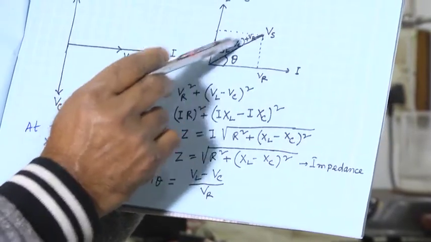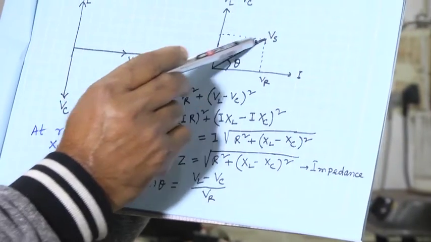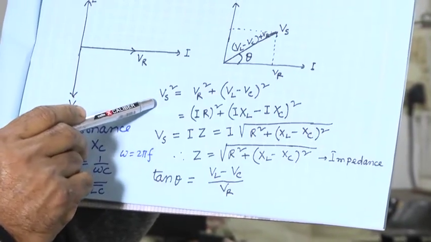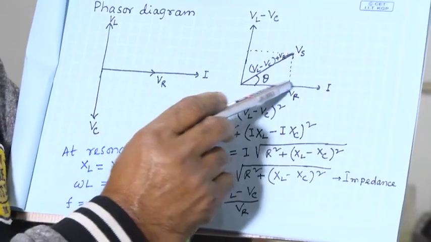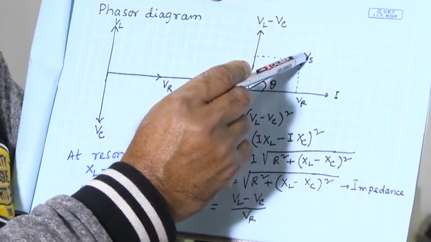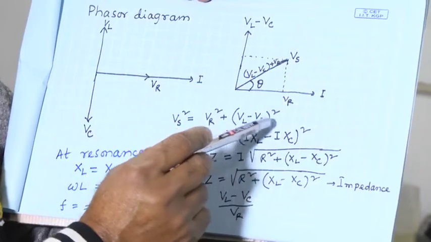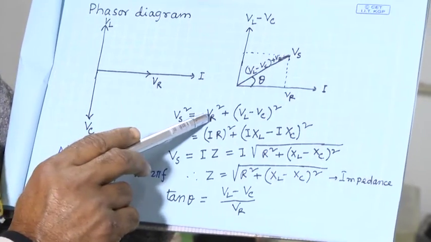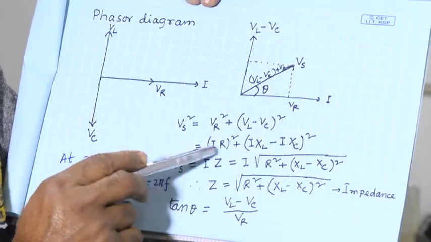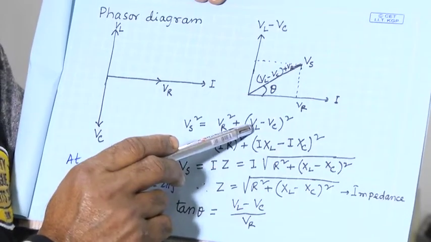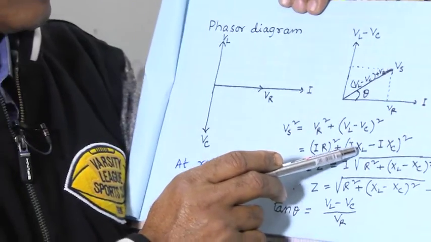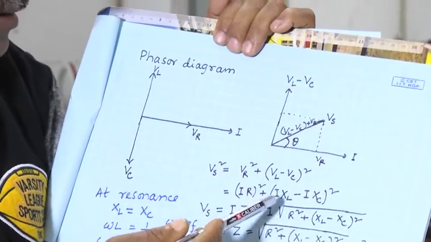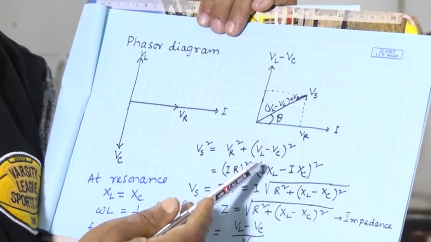So this is basically Vs, the resultant. Vs square will be equal to VR square plus (VL minus VC) whole square. VR is I into R, and VL is I XL. As I told you, the inductive resistance is called reactance.